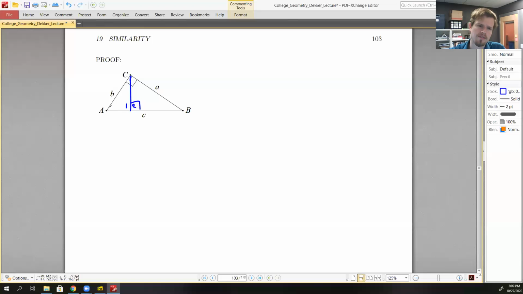Of course, this angle of this small triangle matches this angle of the large triangle, and this angle is 90 degrees, matching this angle of the large triangle. So by angle, we would have similarity. Also, this angle of the small triangle matches this angle of the large triangle, and this angle of the small triangle matches this angle of the large triangle.